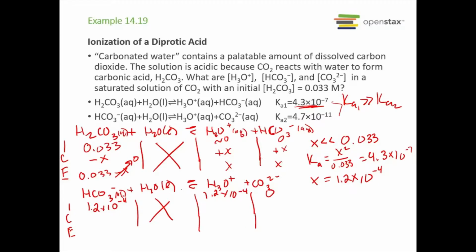Now the change, again, we're losing some X, gaining some X, gaining some X. But with how small Ka2 is, both our H3O and HCO3 are way greater than it. So it's not going to change anything. So our X here is much, much less than 1.2 times 10 to the negative 4. So both of these can go to 0.